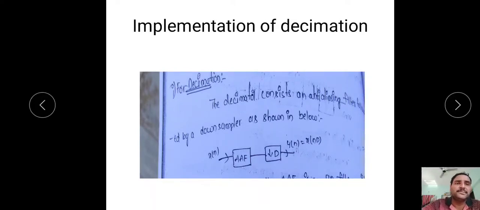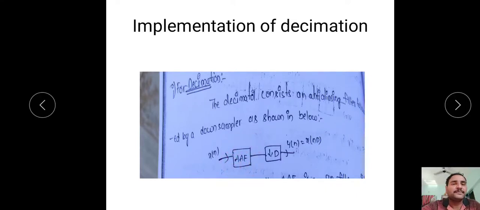First of all, decimation. You know that decimation is the process of reducing the sampling rate by an integer factor of D units. Generally, for the implementation of decimation, we use this block diagram. In this block diagram, the small down arrow and capital D represent reducing the sampling rate by D units, and the AAF is called the anti-aliasing filter.